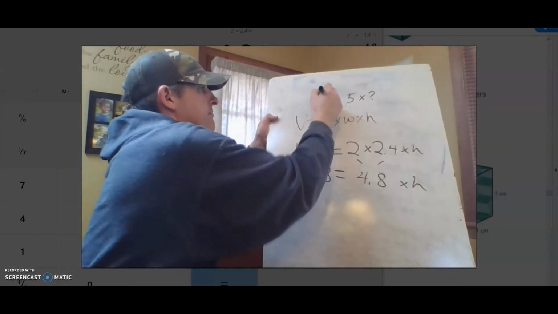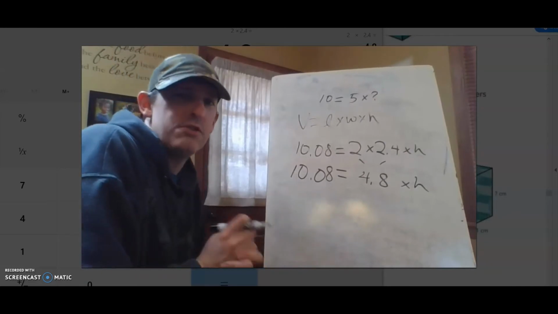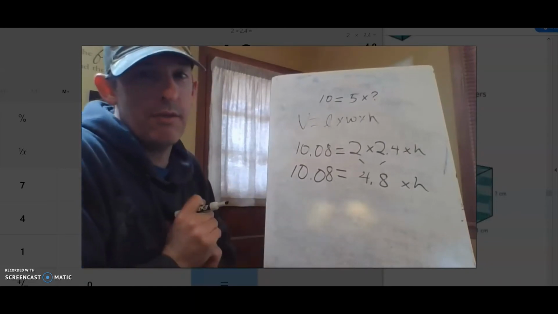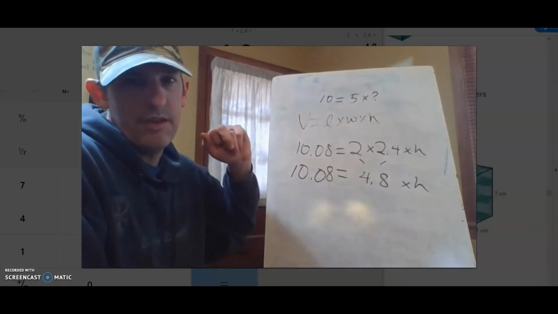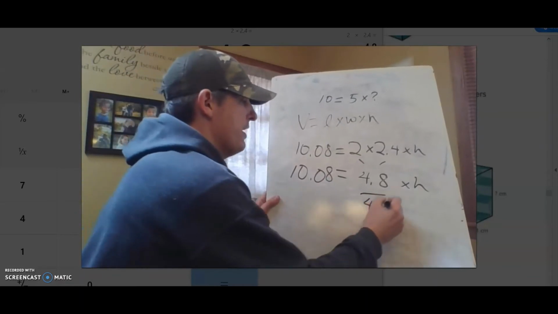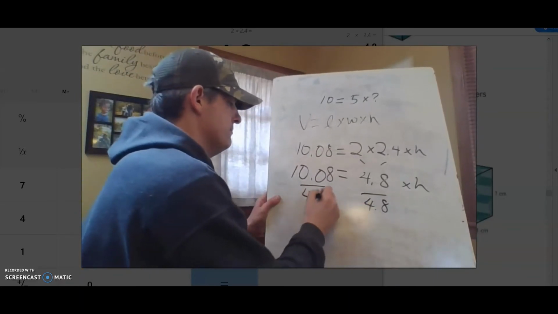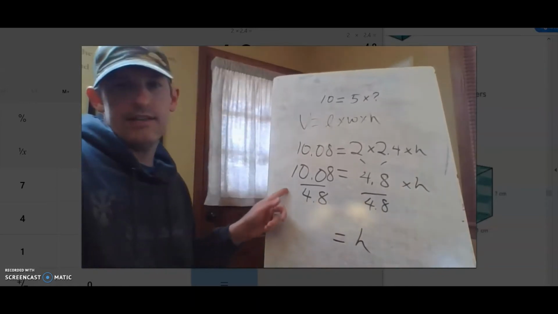5 times something gives us 10. And we probably know the math back there, but if we didn't know what times 5 gives us 10, we could divide. 10 divided by 5 would be 2. Same thing here. 10.08 divided by 4.8 equals h.